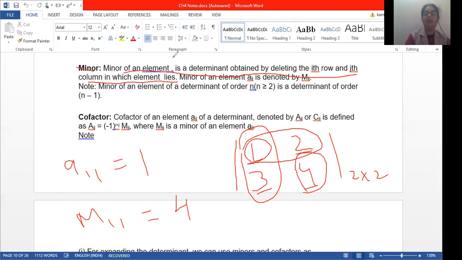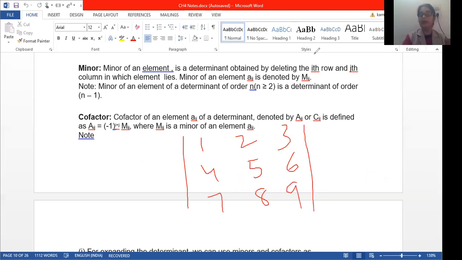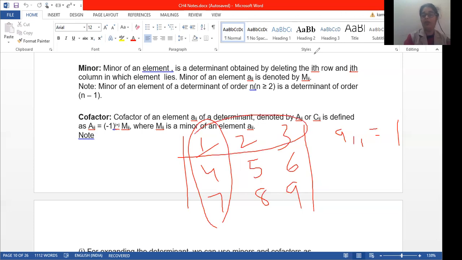But if we are having a 3 by 3 matrix, like 1, 2, 3, 4, 5, 6, 7, 8, 9, now just see how you can find the minor. Let's take A11, which is 1. Leaving that particular column and that particular row where 1 lies, we are left with 4 elements: 5, 6, 8, and 9.